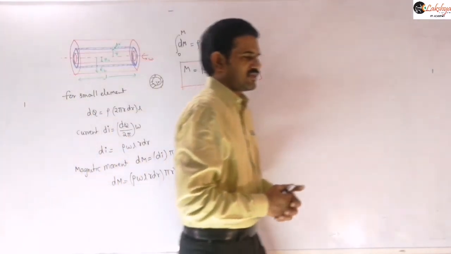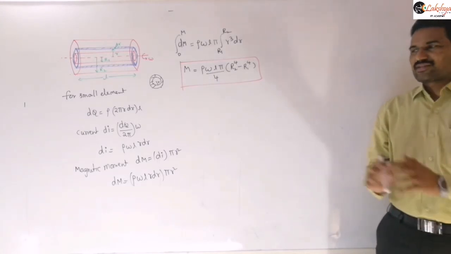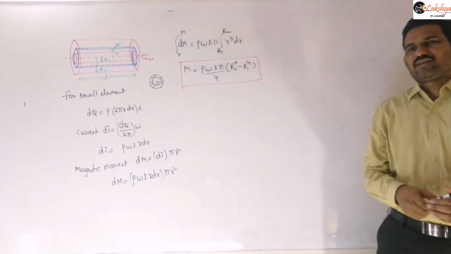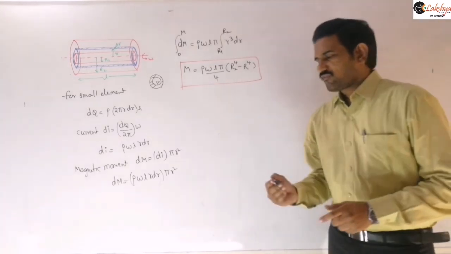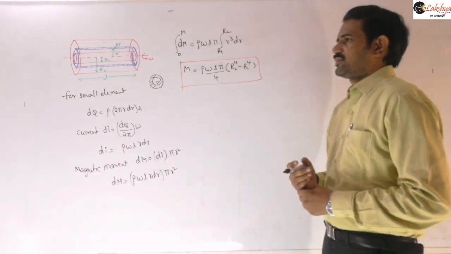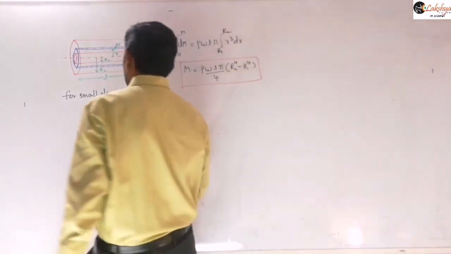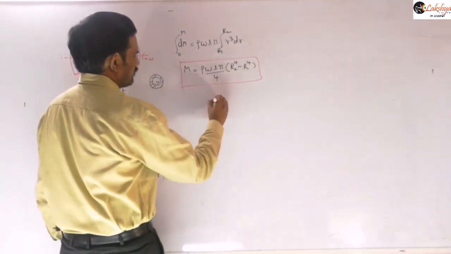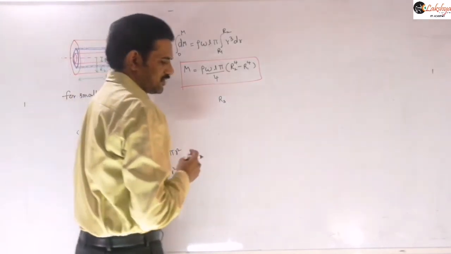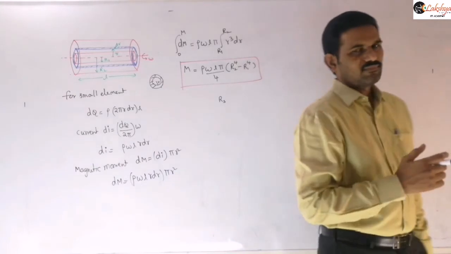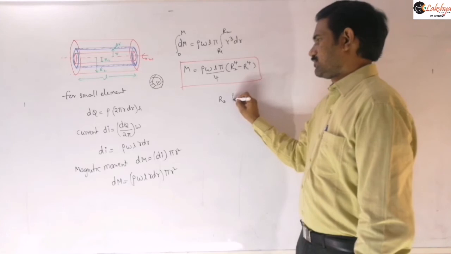The charge density of a uniform cylinder of radius Rs is rho.